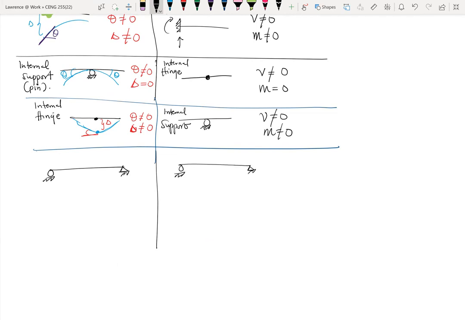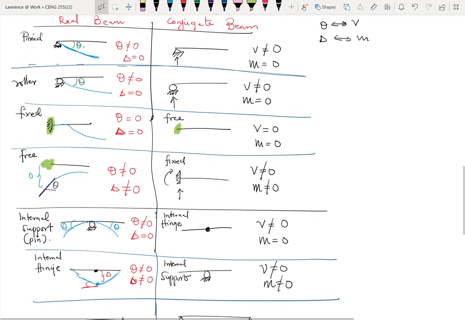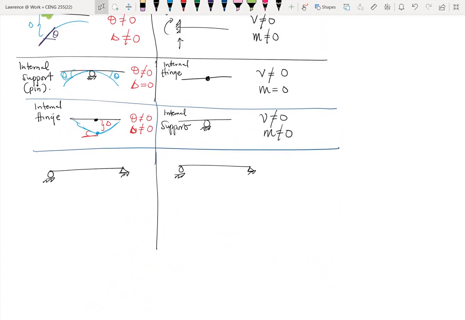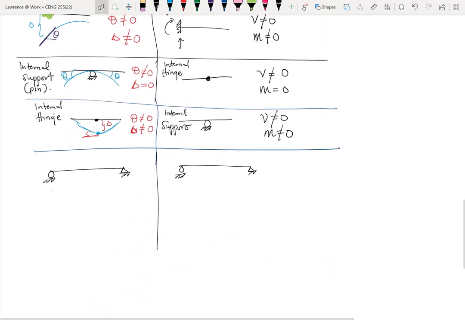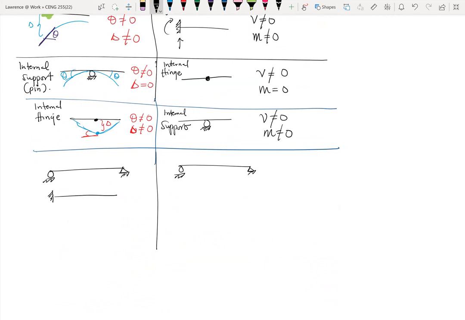Because if we go back, we will see that when the supports are at the ends and they are either roller or pin, they do not change when we convert them to the conjugate beam. If you have a cantilever whereby the fixed end is on the left, then I'll end up with a cantilever that is more or less a mirror copy of the other.